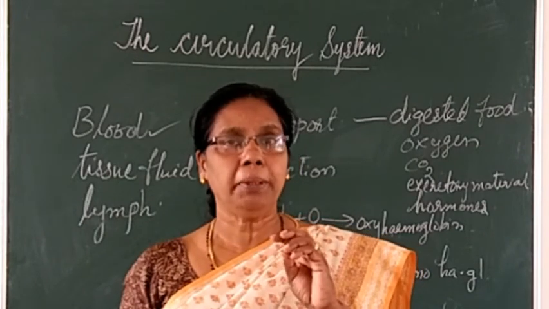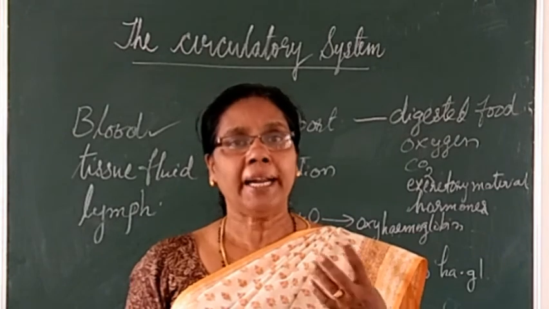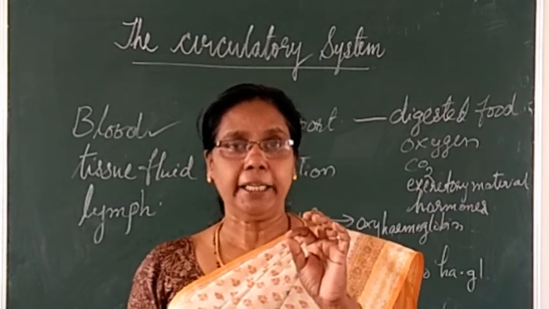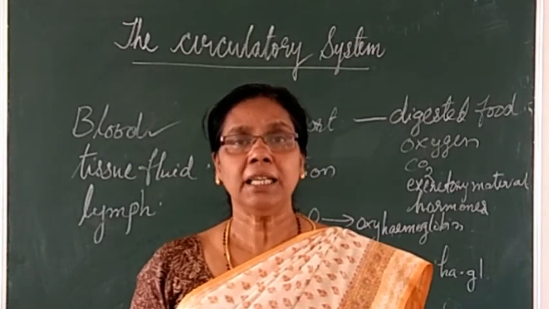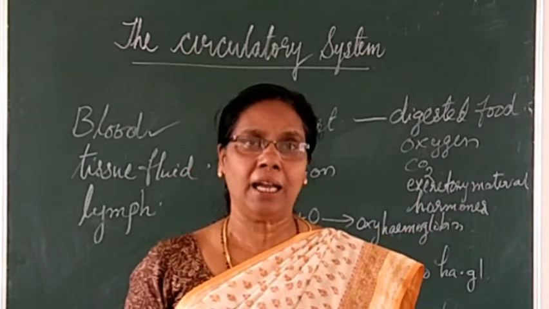Special glands produce these hormones. For example, our adrenal gland, situated at the top of each kidney, produces the hormone adrenaline.